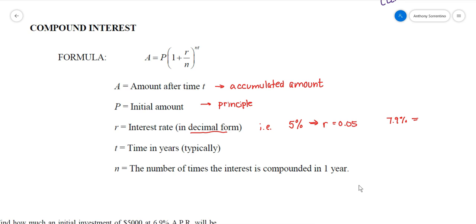I need to write it as a pure decimal. That means that R is 0.079. If I say R is 7.9, that's like saying 790% interest.